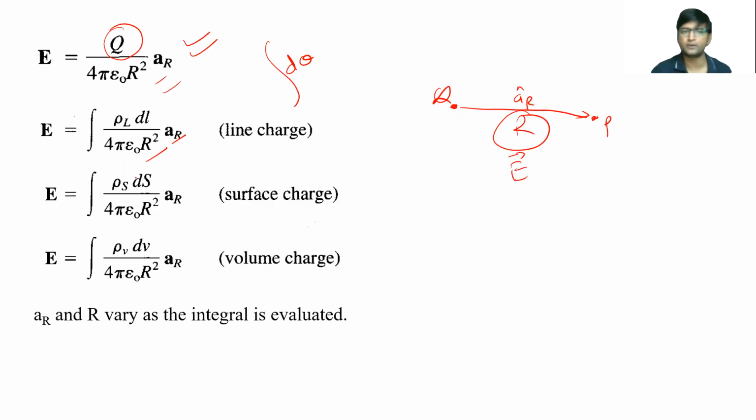It will not be outside, because r is affected by the place where you are doing the integral. So for line charge, you will take the integral like this for calculating electric field, for surface charge like this, and for volume charge like this, right? This is nothing but the extension of this formula to the case of line, surface, and volume charge. All you have to do is put the aR and R values inside the integral.